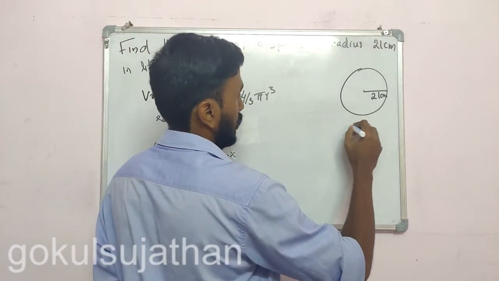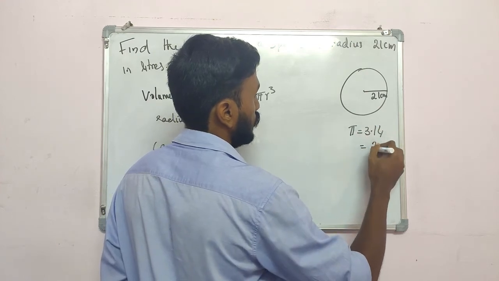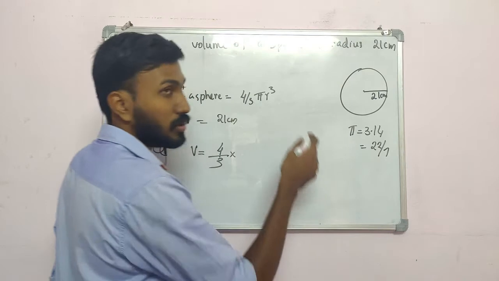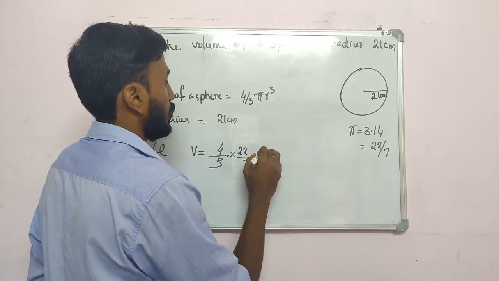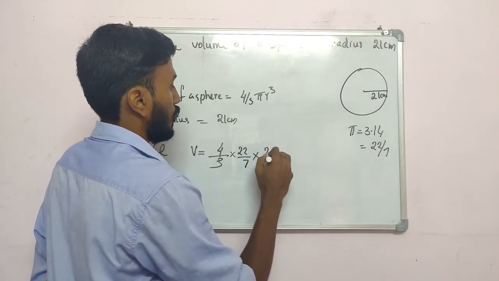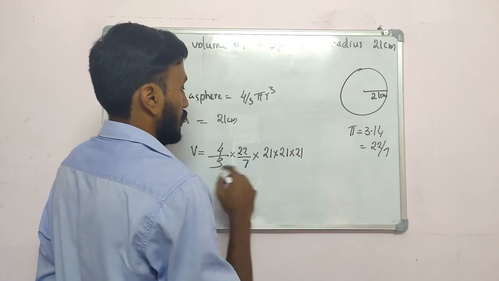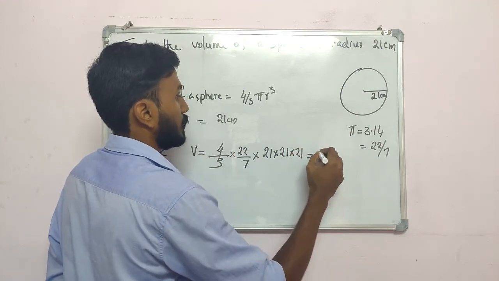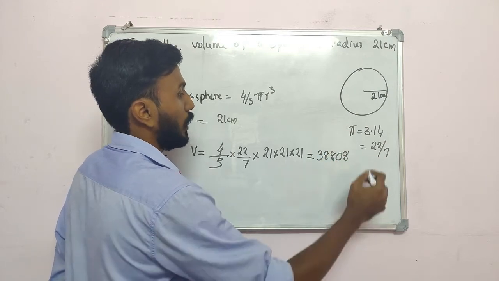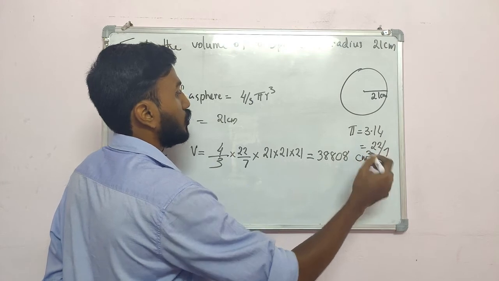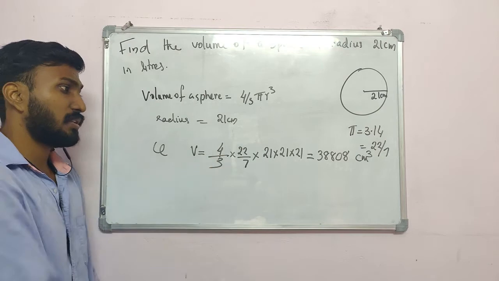We can take pi as 3.14, or we can write just 22/7. പൈ എന്ന് പറയുന്നത് ഒരു കോൺസ്റ്റന്റ് ആണ്. So we can write 22/7 into r, which is 21 cube, so 21 into 21 into 21. On substituting, we will get the value as 38808 centimeter cube. Clear? So this will be in centimeter cube.